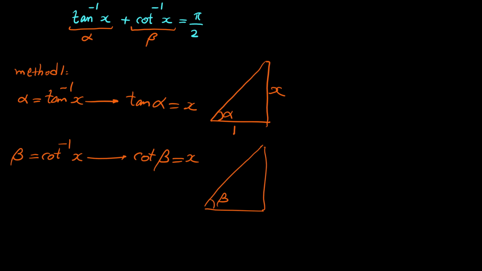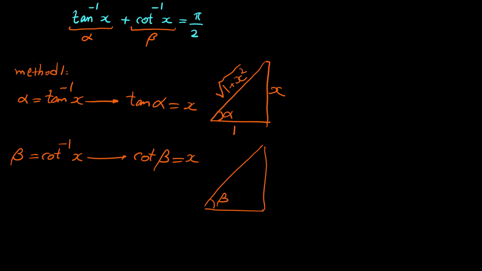We can use the Pythagorean theorem for finding the length of the hypotenuse. A to the 2 is 1 to the 2 plus x to the 2. From this relation, a, the length of the hypotenuse, is radical 1 plus x to the 2. So this side is radical 1 plus x to the 2.